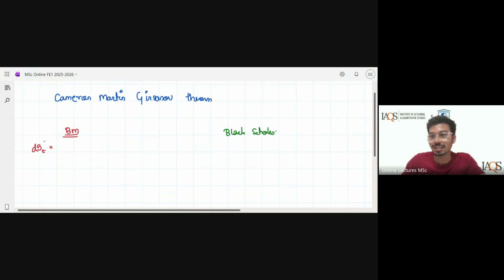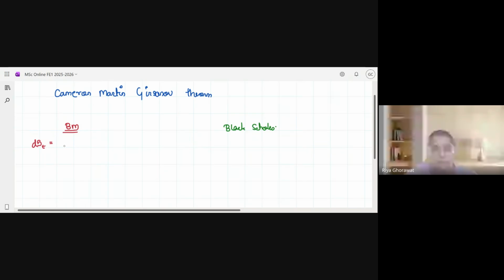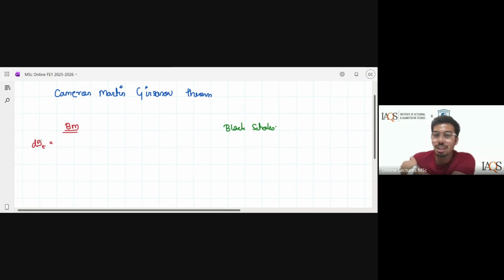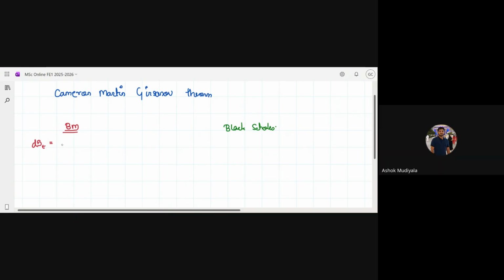Mu minus sigma square by 2 dt. Okay, that's your process form. The SDE form, dST, are the three equations that we did in the share price process. Exponential, take care.